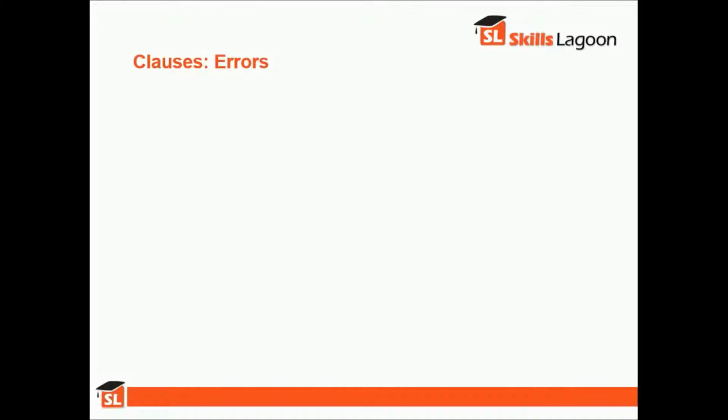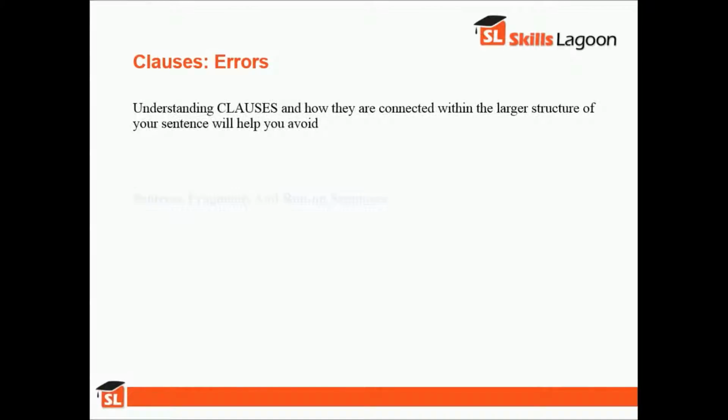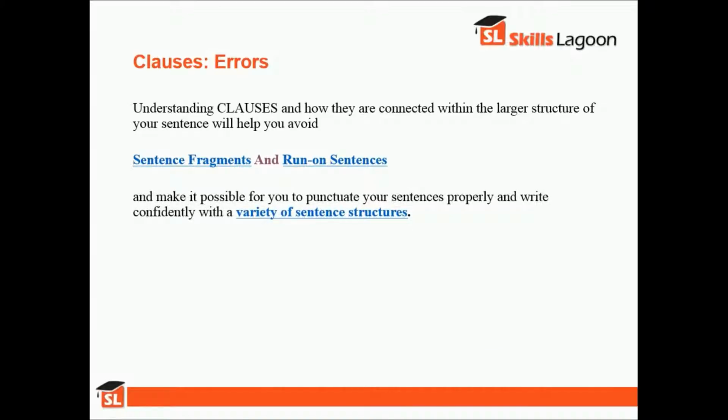Now the common errors that happen with clauses are sentence fragments and run-on sentences. In sentence fragments, we end up making a dependent clause a complete sentence, and in the case of run-on sentences, we end up merging two independent clauses with a subordinating conjunction.